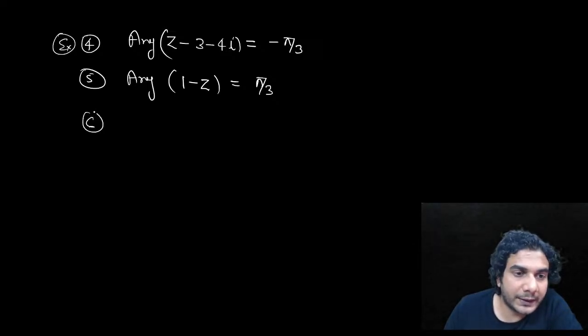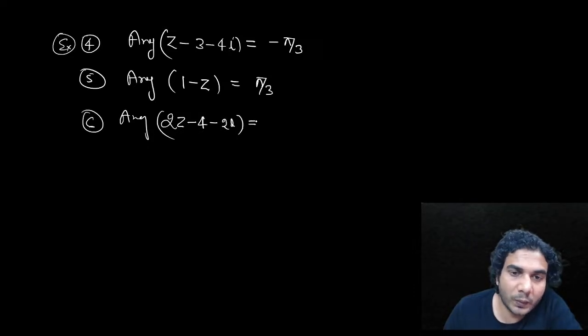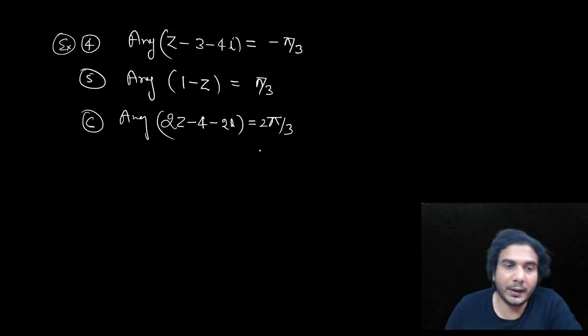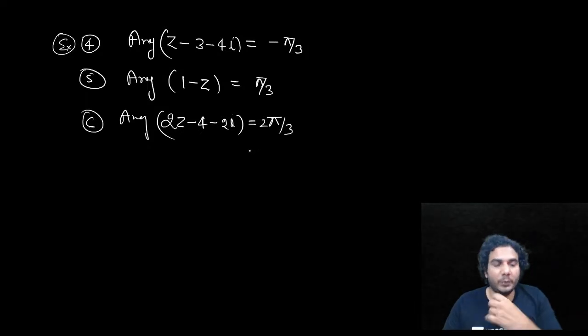And example 6 is argument of 2z minus 4 minus 2 iota is equal to 2 pi by 3. Yeah, perfect. So now you need to plot these three.